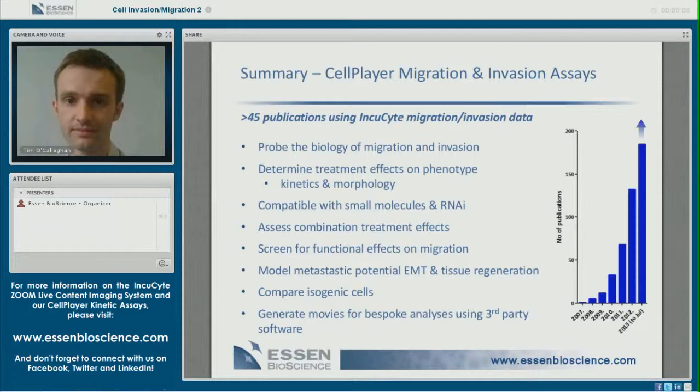But we've also got our relative wound density metric that actually takes into account changes in cell density over the course of the assay. And if proliferation occurs, we will take that into account with this metric, and it will essentially be normalized out. There are one or two caveats to that, but it's certainly something that we're aware of, and we would recommend the use of relative wound density for that reason.